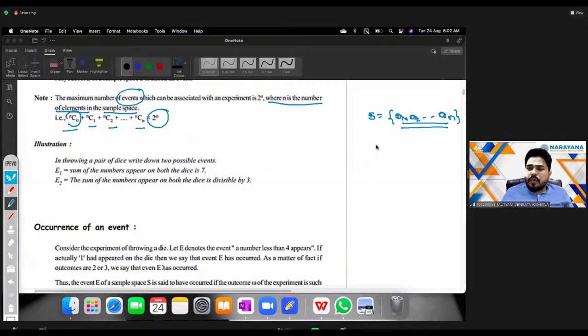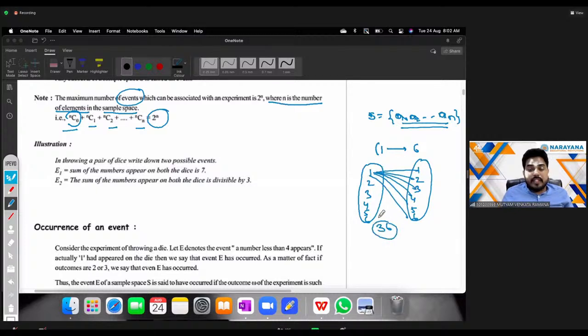Okay. So on the first one, 1 will be there and it will be mapped with all the 6 elements: 1, 2, 3, 4, 5, 6. And second one, 1, 2, 3, 4, 5, 6. So 1 is going to all these 6, so 36 outcomes are there.